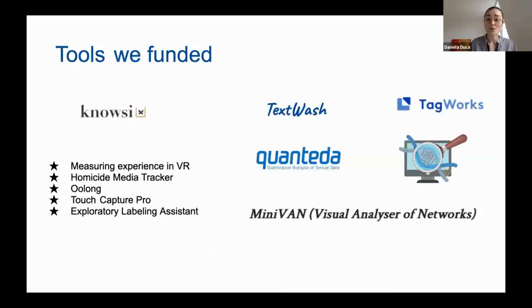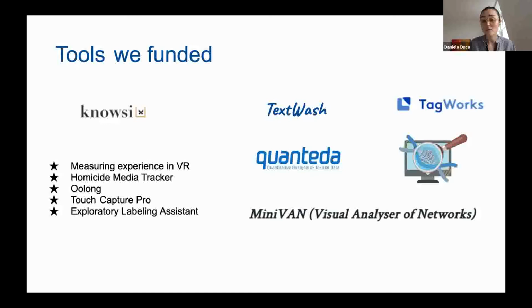And TextWash, which got the concept grant last year, is developing an algorithm to make large-scale textual data more available, especially data that has personal data included in it. So they're looking at ways to redact but leave in the semantic meaning.